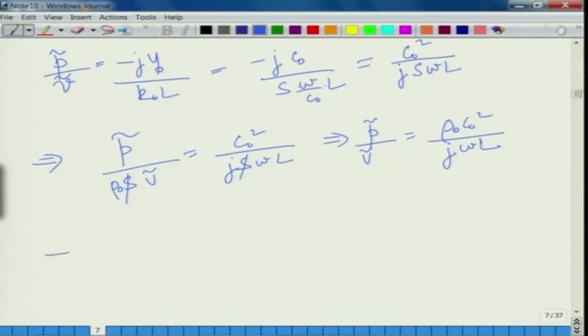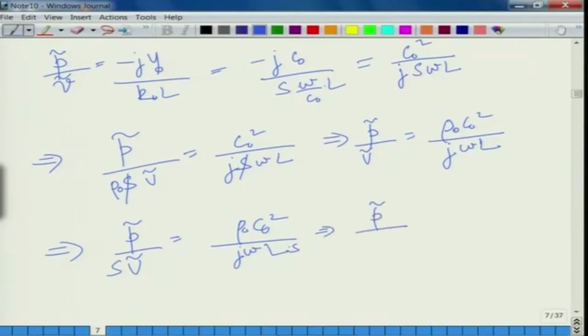So, the idea is that P by u tilde is rho naught C naught square by j omega L, and now if we were to multiply both sides by S, this would of course get us P by volume velocity. So, that is your S into u tilde.